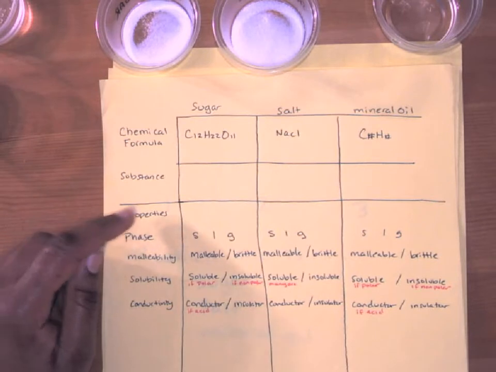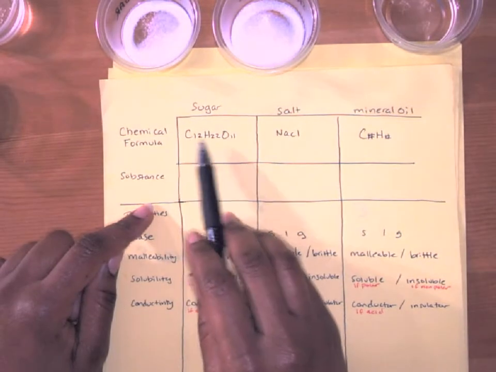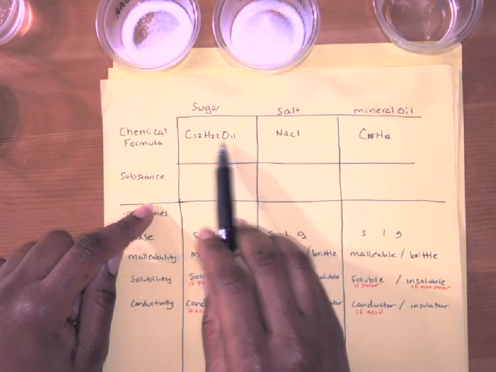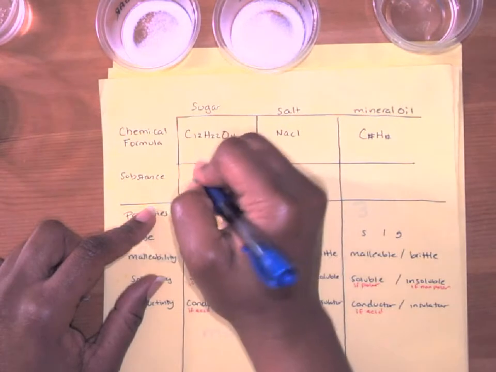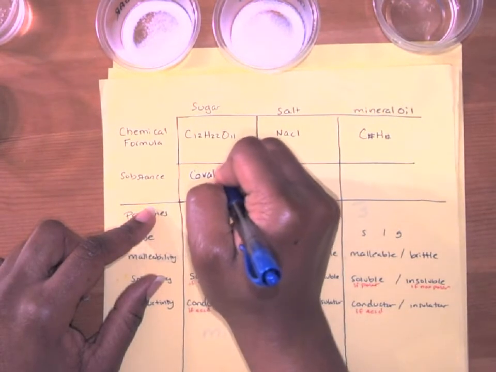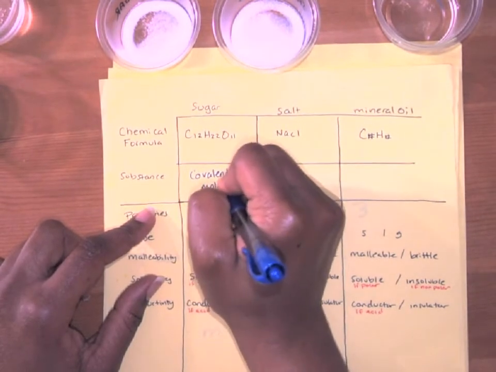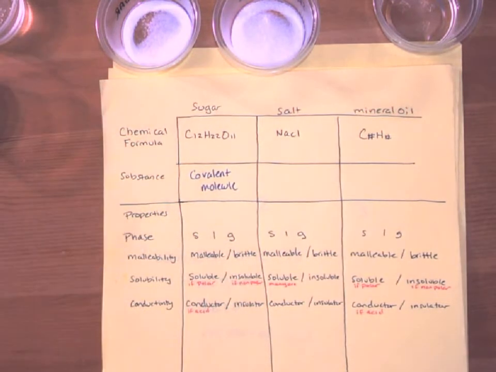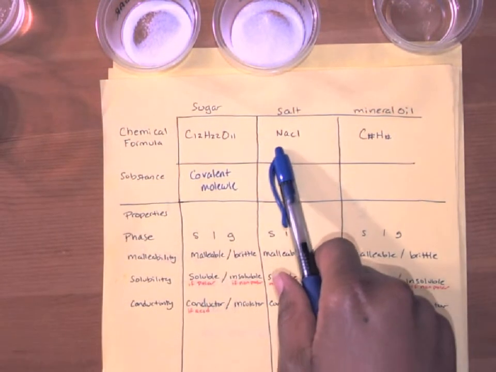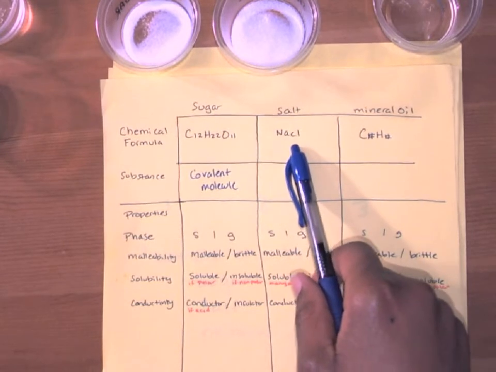All right, so looking at sugar, it's made up of carbon, hydrogen, and oxygen. These are all nonmetals, so that means this is a covalent molecule. Sodium chloride, table salt, is made up of sodium, which is a metal, and chlorine, which is a nonmetal.